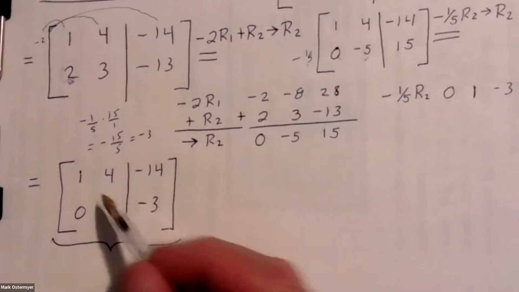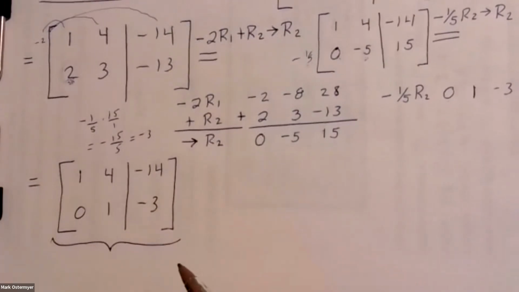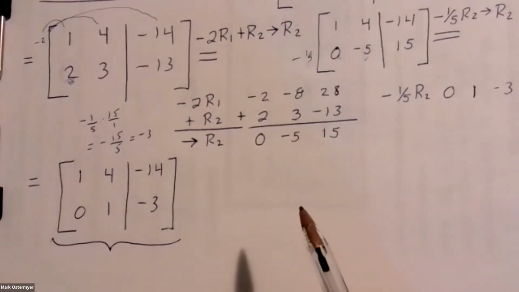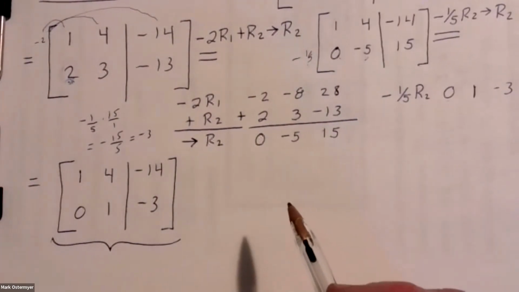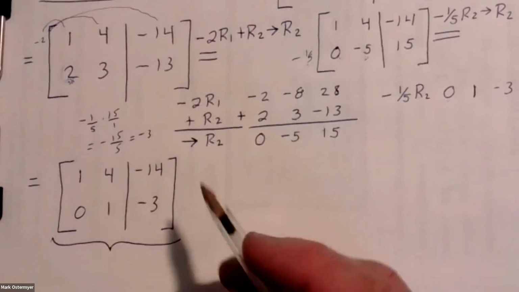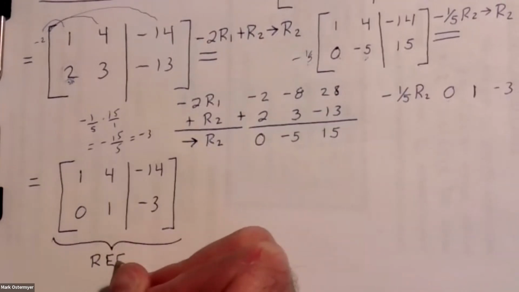This matrix is in what form? REF or RREF? Is it in reduced row echelon form or row echelon form? Well, with inspection, we can see that this matrix is in row echelon form.